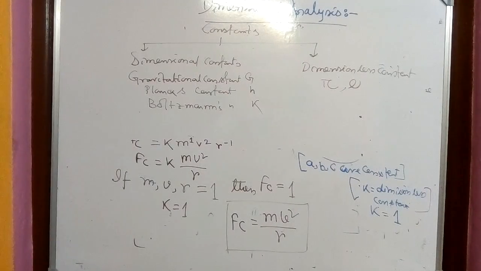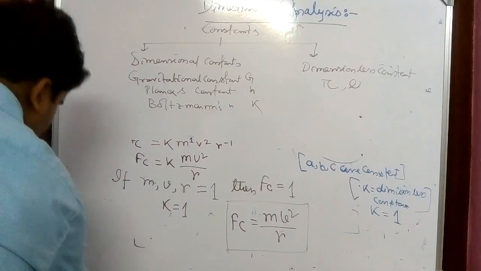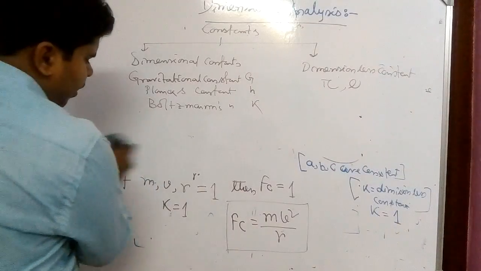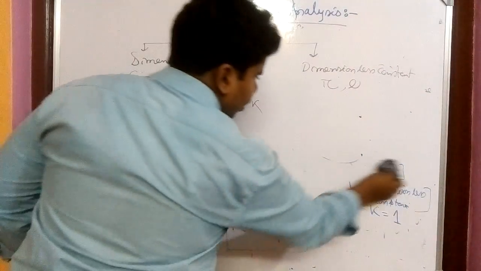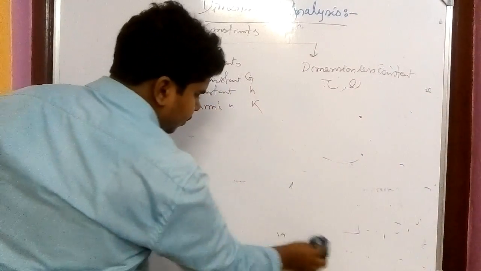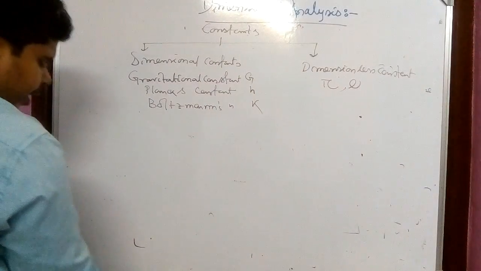So today's last work is to find the dimensions of any of the constants. I'll give you an example, only an example, and then today's video will be over. Okay, what is the example? Let's see.